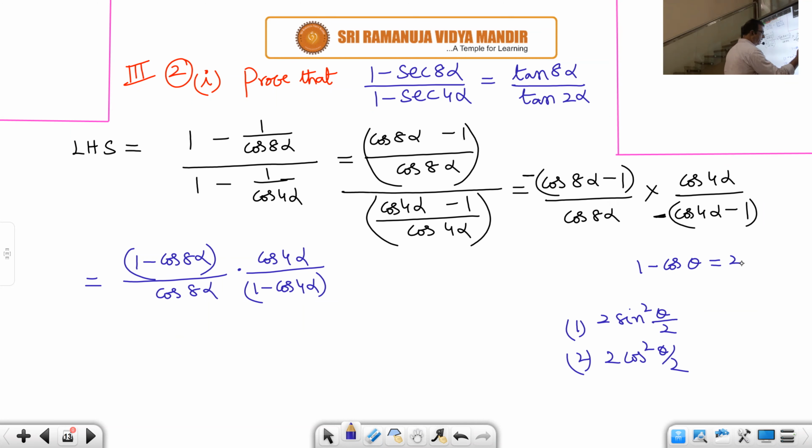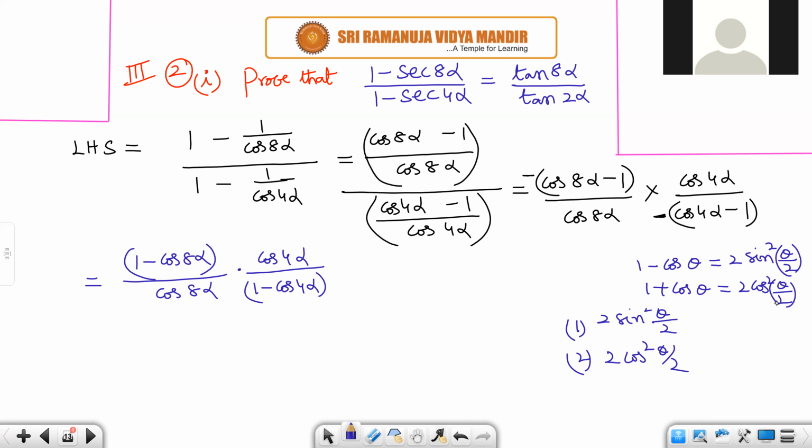Second option is not correct. First option, 2 sin² θ/2. Just I'll prove it again. 1 + cos θ, Tanmay. 1 + cos θ is 2 cos² θ/2. Okay, sir. 1 − cos θ is 2 sin² θ/2. Yes, sir.